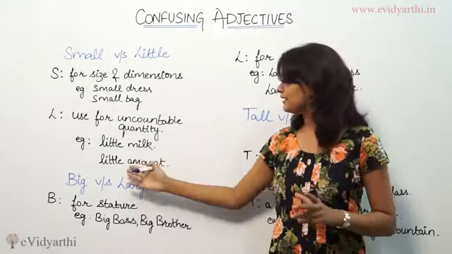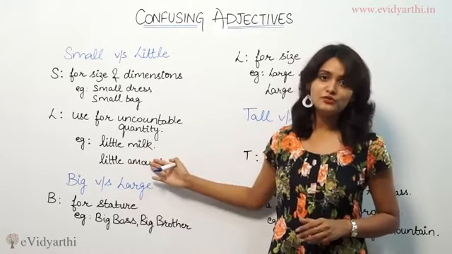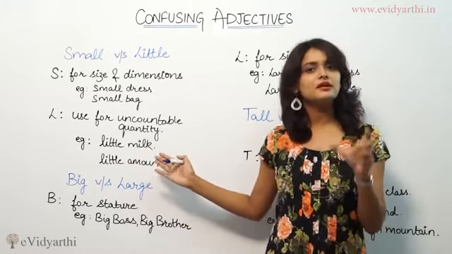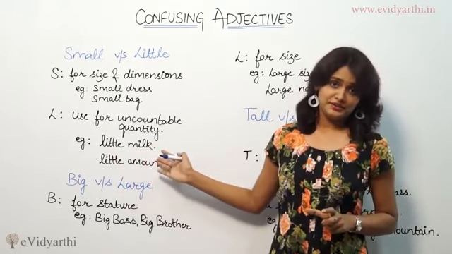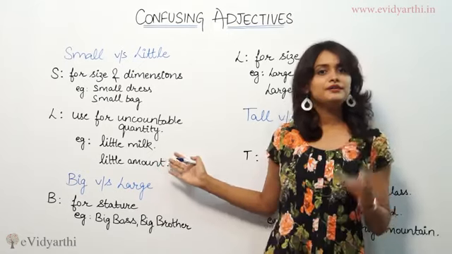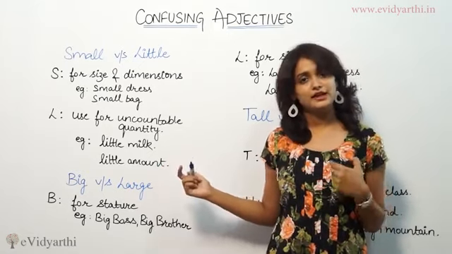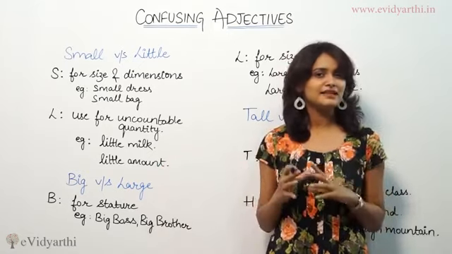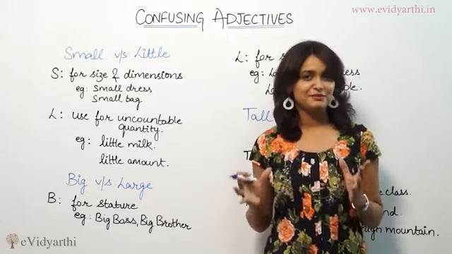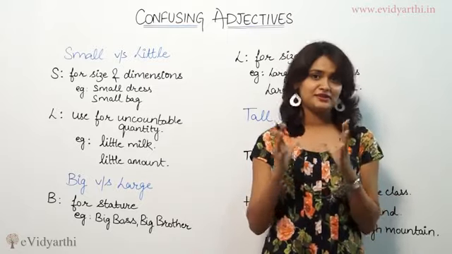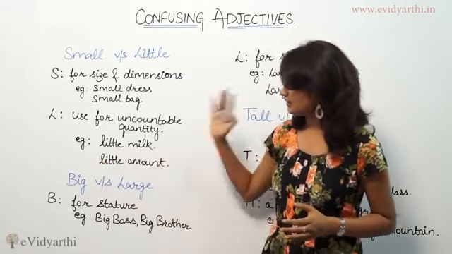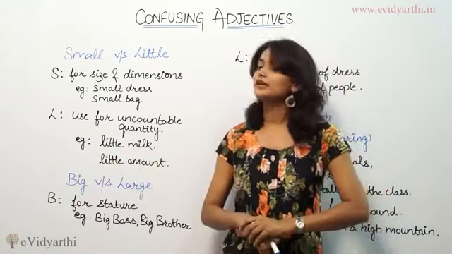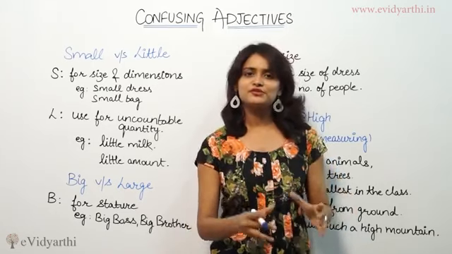Now, like we expressed little amount, the word little shows the amount of something. I'm little tired. Little here explains the amount of my tiredness. I'm little tired means I'm somewhat tired today because I have spoken a lot and given a lot of lessons. Or if you ask, can you give me a place to sit?